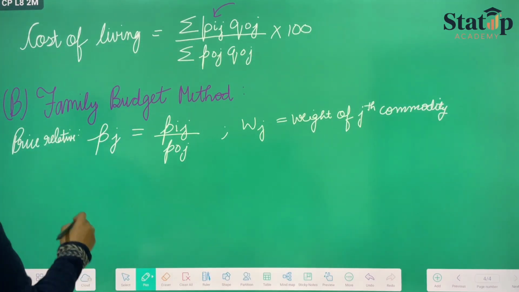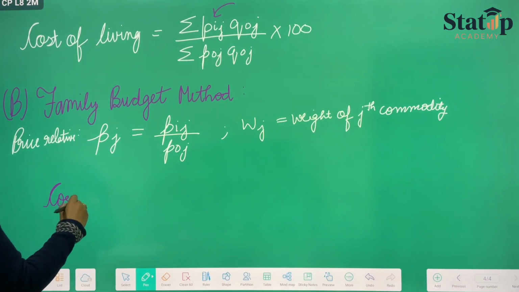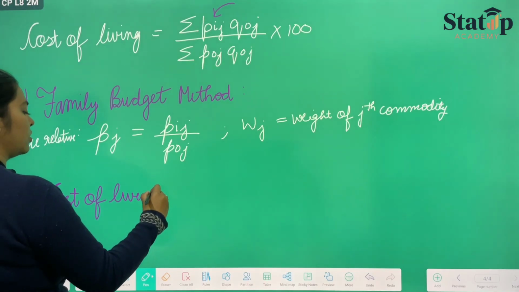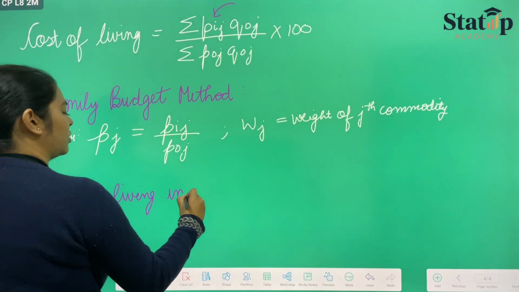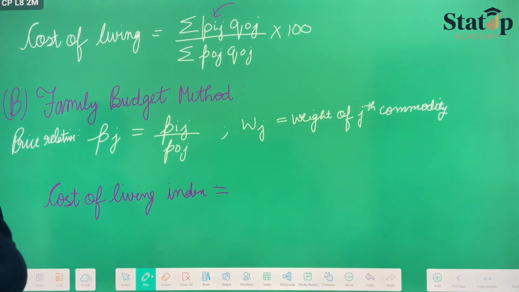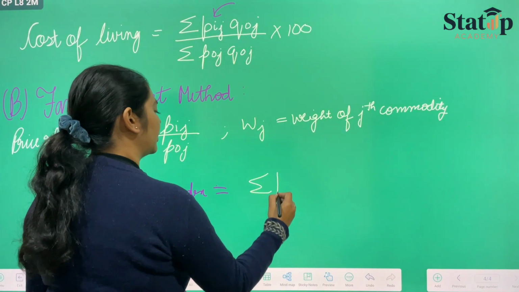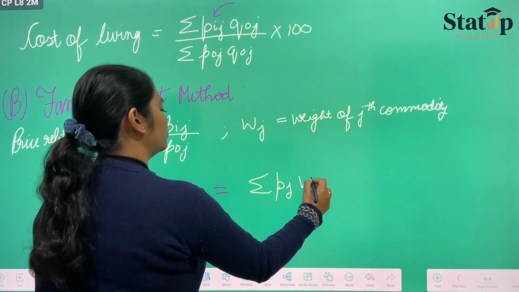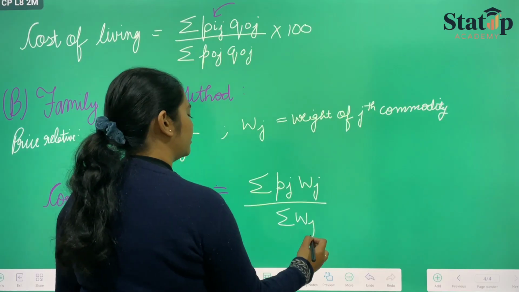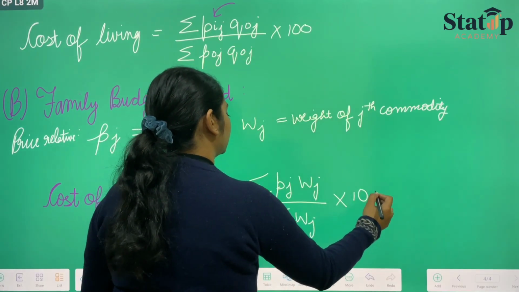So the cost of living index here is equal to the summation of Pj Wj over j, upon the summation of Wj, into 100.